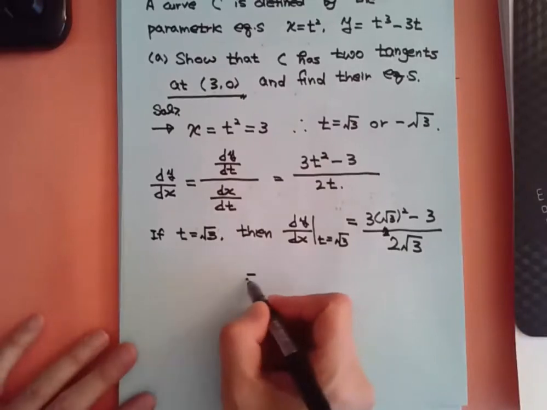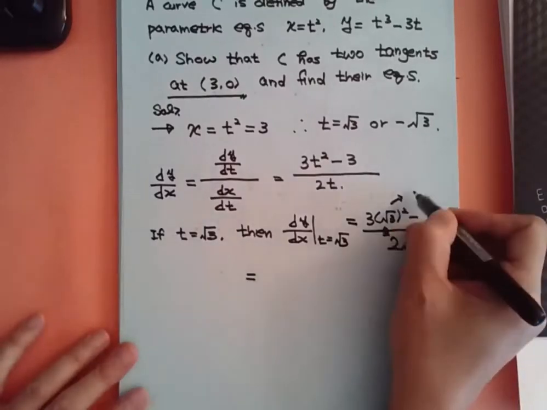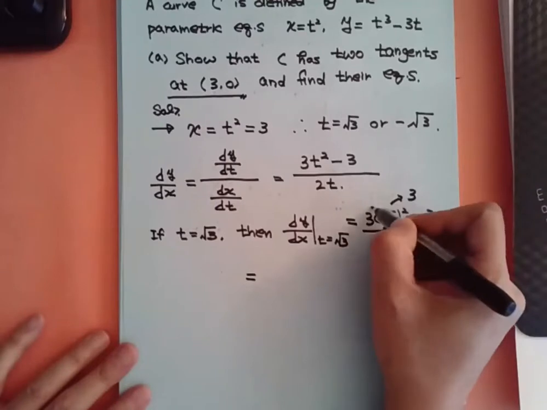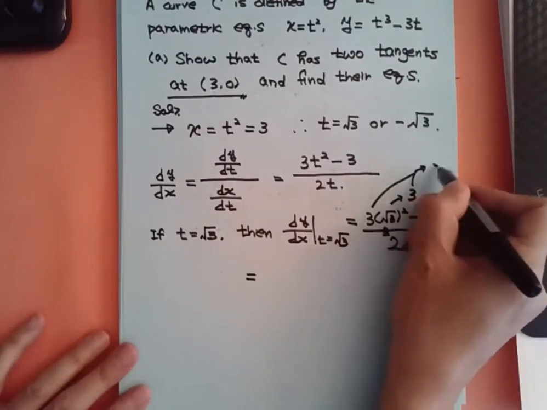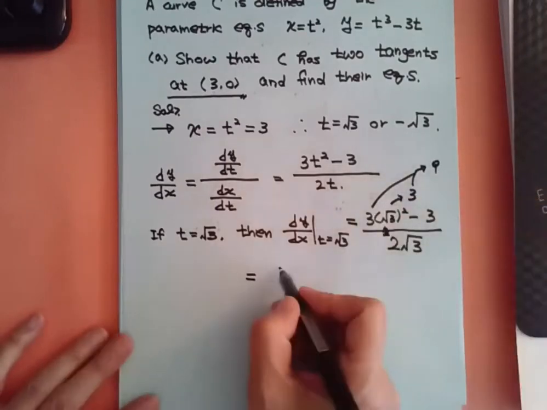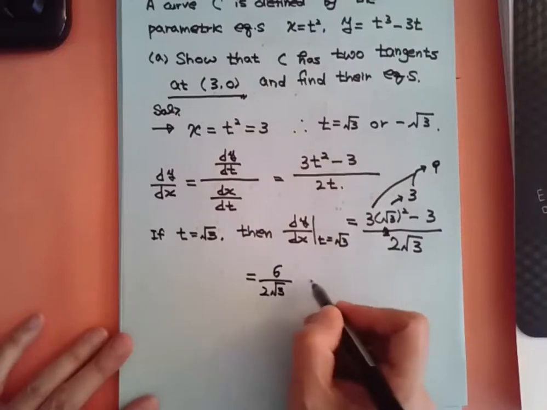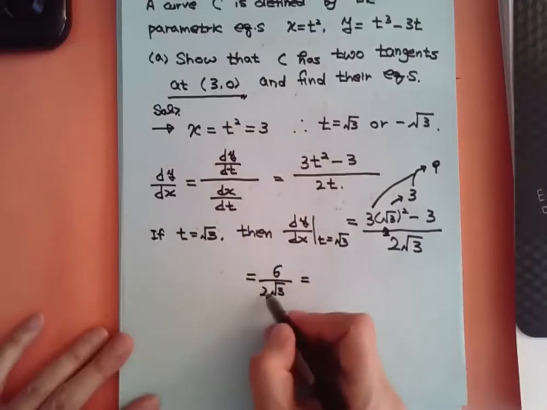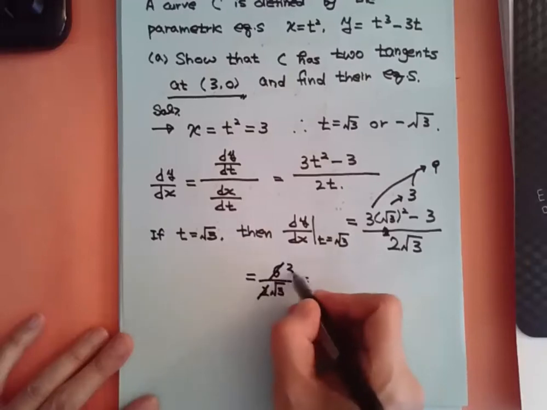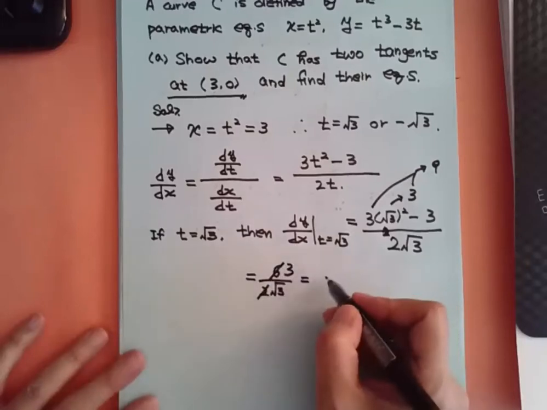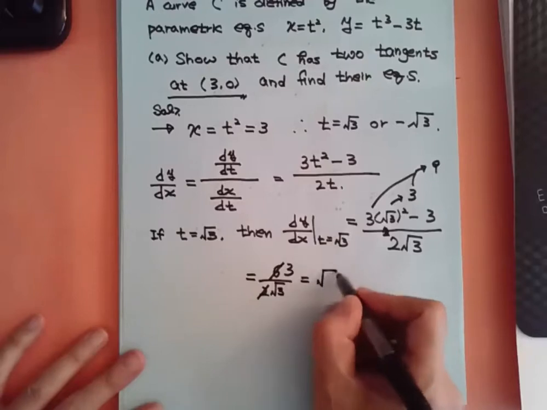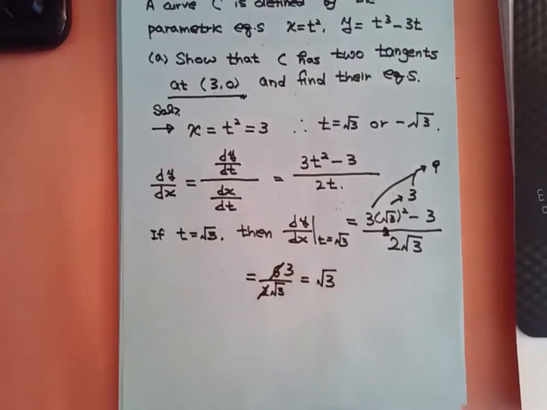So we calculate that this one becomes 3. 3 times 3 makes 9. 9 minus 3 makes 6 over 2 square root of 3. So these two cancel each other and it becomes 3 over square root of 3. So that is square root of 3.